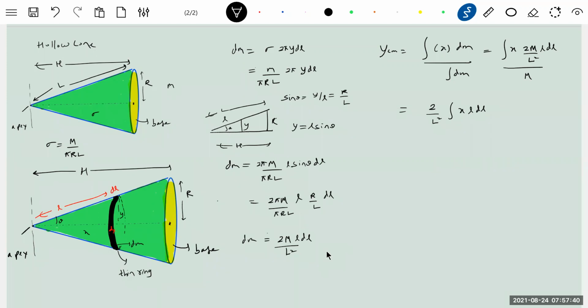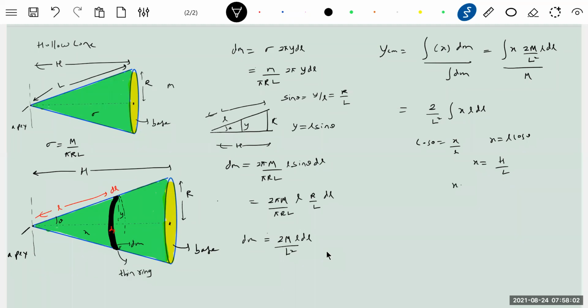Cos theta equals x by l, and we can define cos theta as h by L from this triangle.